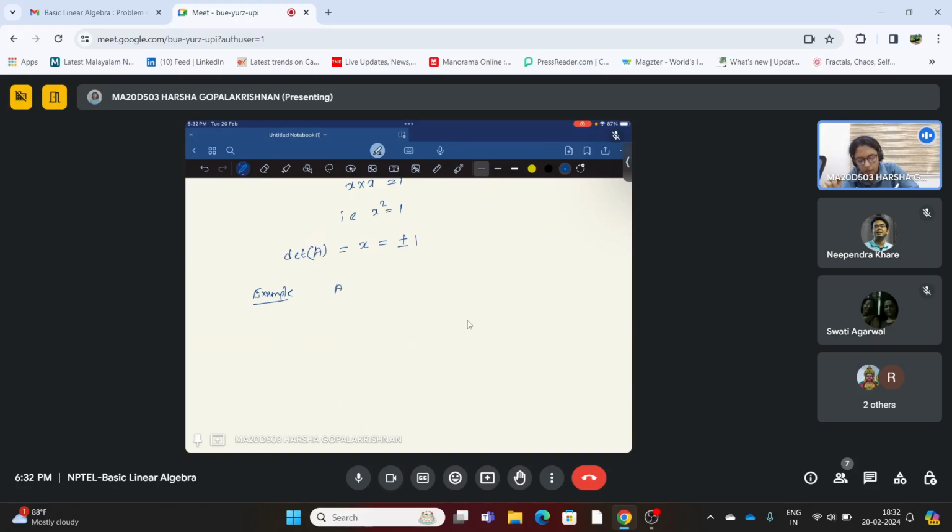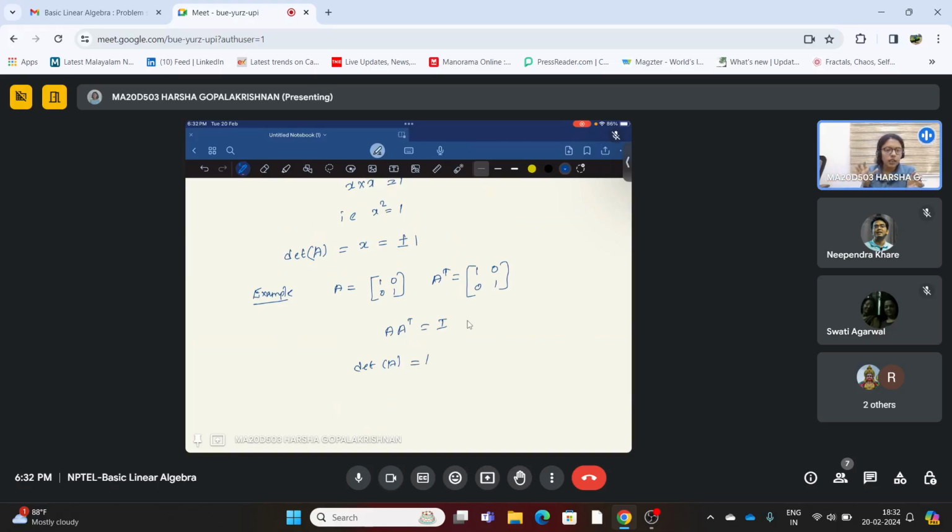Take A equal to 1 0 0 1, the 2 by 2 identity matrix. Then what is A transpose? It is also the identity matrix. Clearly A into A transpose equal to identity. So A is an orthogonal matrix, and determinant of A is 1.